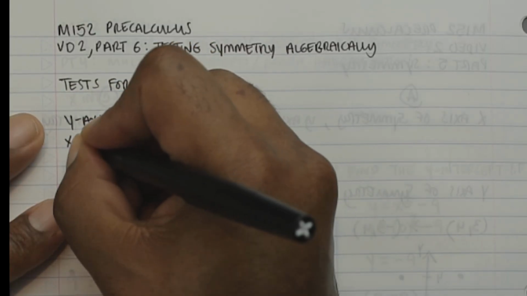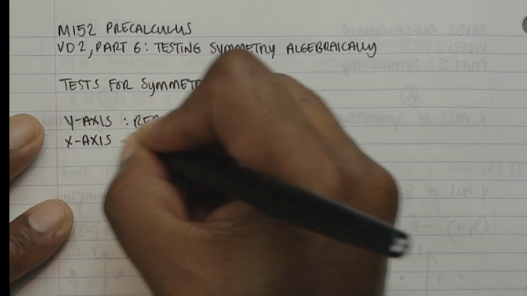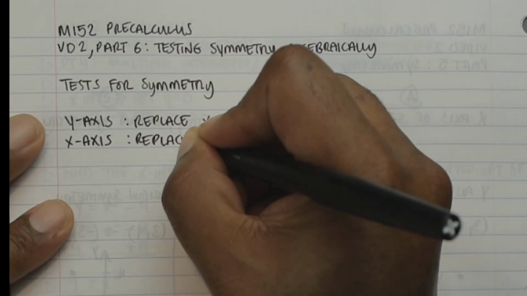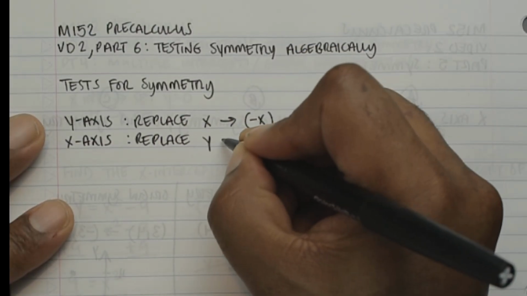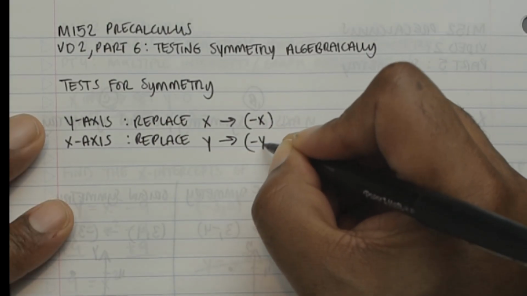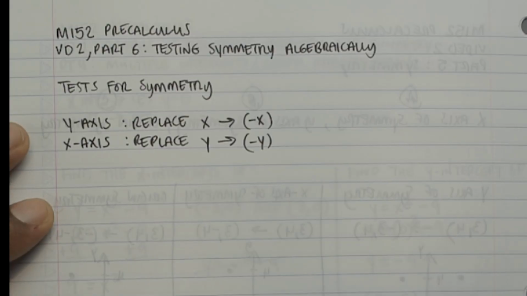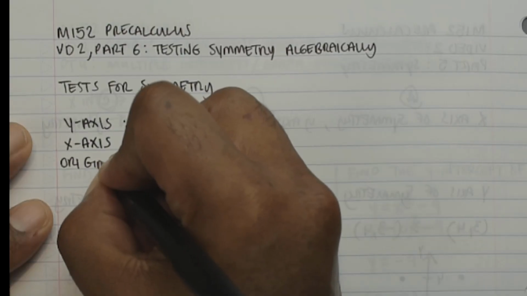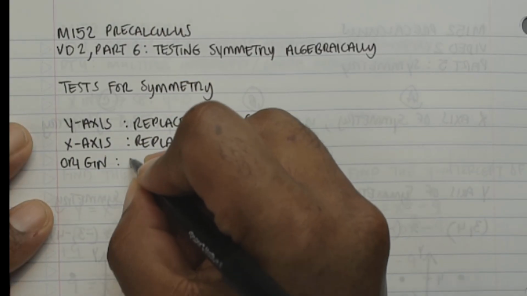The x-axis of symmetry, we replace y with negative y. And then for the origin, we replace both.